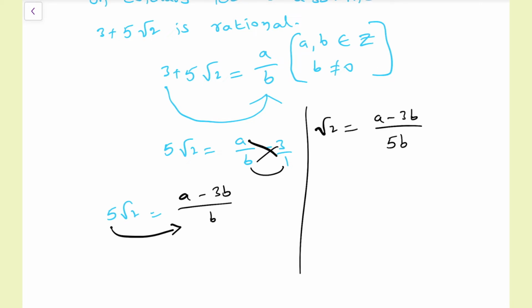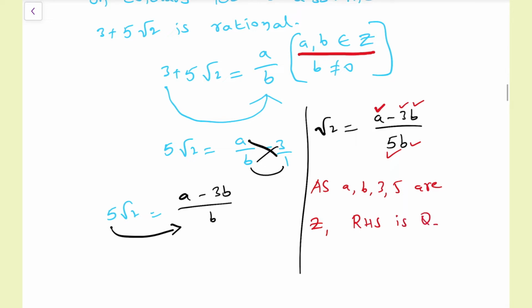Now, in the beginning we took a comma b both as belonging to integers, right? So here we have a, here we have b, and number 3, number 5. All these, a, b, 3, 5, are integers. So as a, b, 3, 5 are integers, RHS is rational.